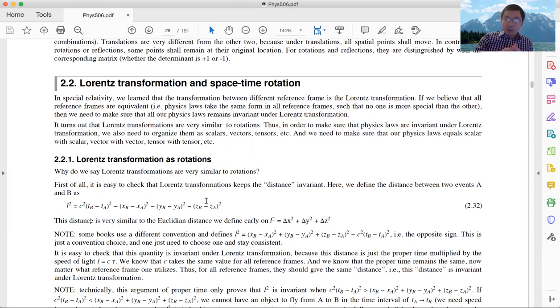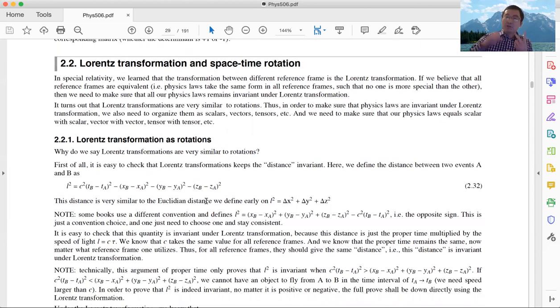We need to classify physics quantities into 4D scalars, 4D vectors, 4D rank 2 tensors, 4D rank 3 tensors, etc. And we have to make sure that all our physics laws are written in the structure of scalar equals scalar, vector equals vector, tensor equals tensor. As long as we have this structure, we can guarantee that under spatial rotation and the Lorentz boost, our physics laws stay the same.